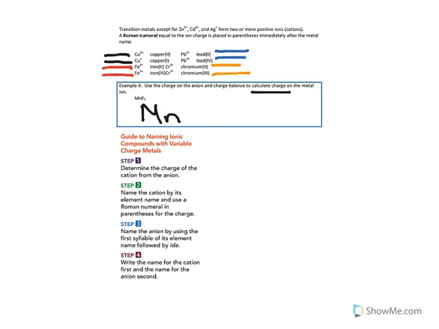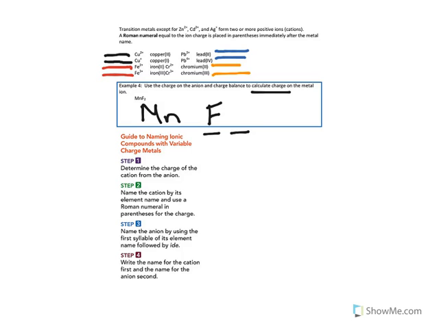However, the second element in this is fluorine. We know that fluorine always forms a charge of -1. It is in group 17 or 7A on your periodic table. All elements in that group form a charge of -1. There are two fluorines. Each one has a charge of -1. So we have two negatives.